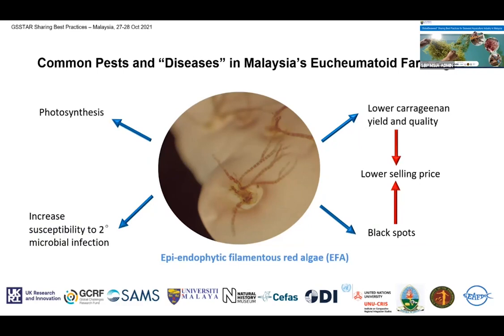Eucheuma denticulatum has been reported to be more resistant to epiphyte infestation as it has more compact surface cells. Farmers should quarantine new propagules to check for epiphyte infection before growing out, and they should not use infected propagules, even if the infection is mild. This is to prevent the spread of infection.